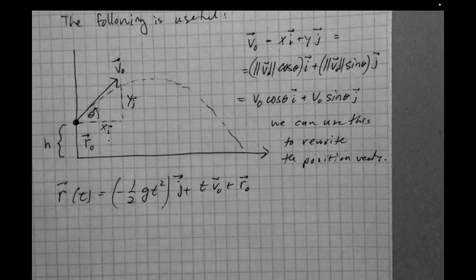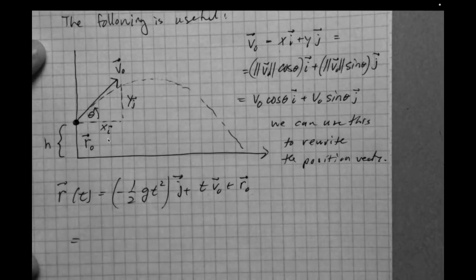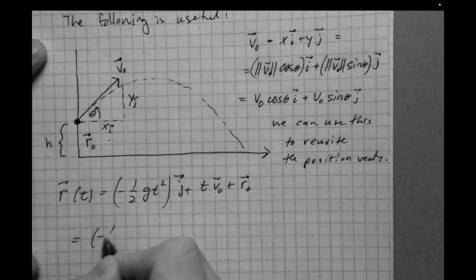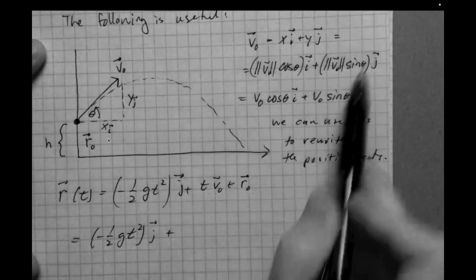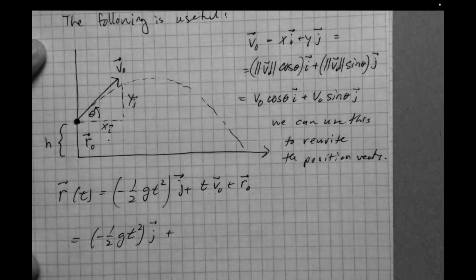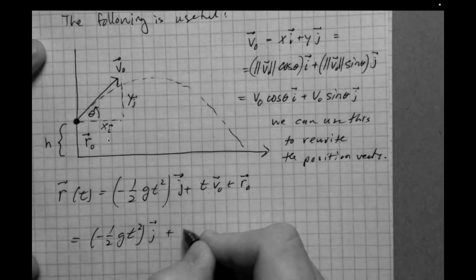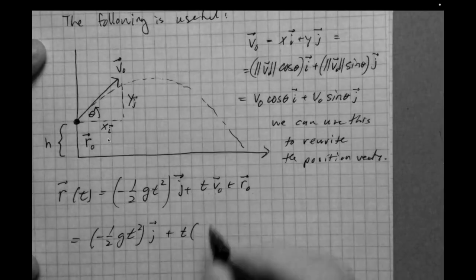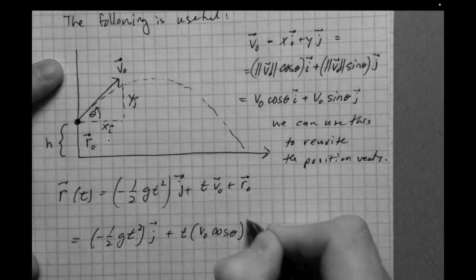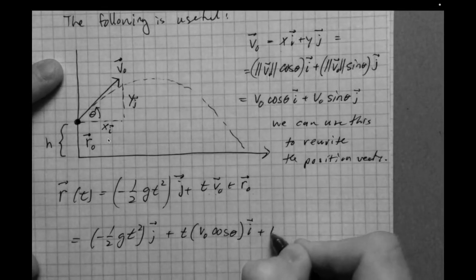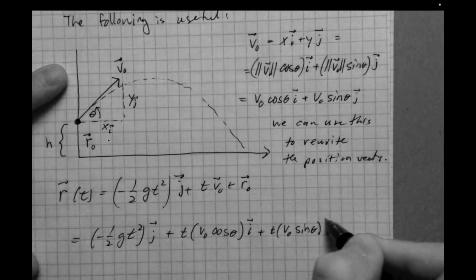Given that v naught and r naught are not told to us explicitly most of the time, we can rewrite this as negative 1/2 gt squared times j, plus t times v naught cos theta i, plus t times v naught sine theta times j.